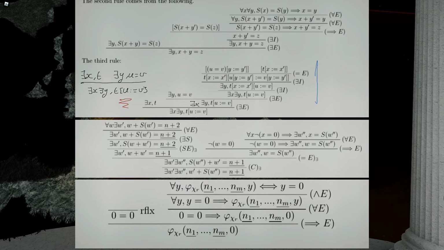Well, then I'm not sure I see the problem. If I just replace x for x prime inside t. x is a variable, right? So there's no problem of x prime containing an instance of u or anything like that.